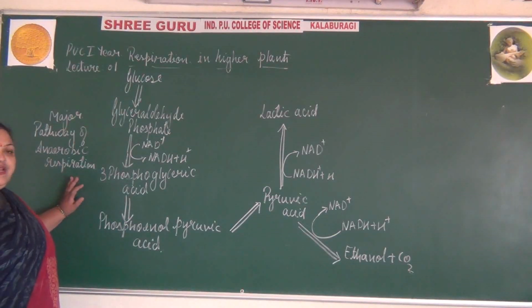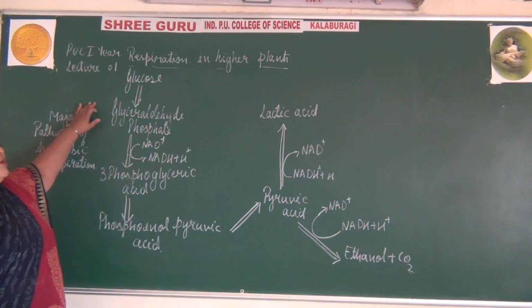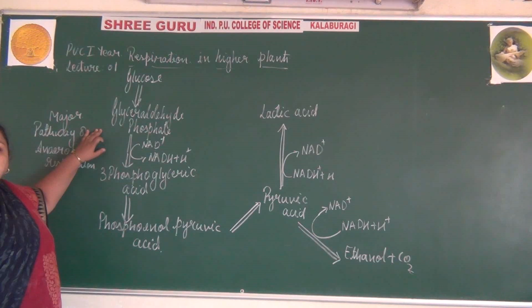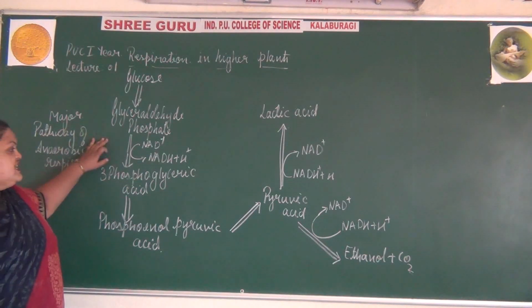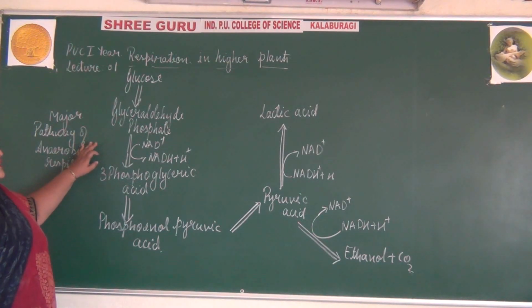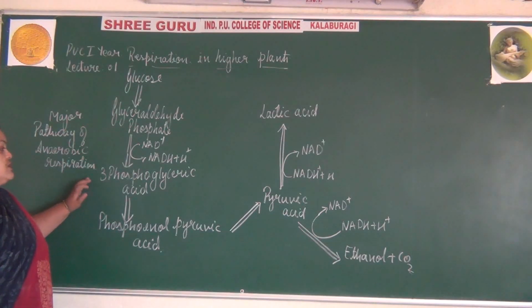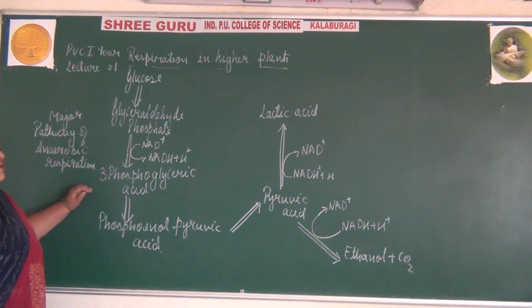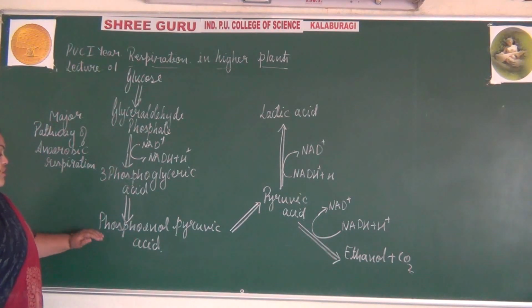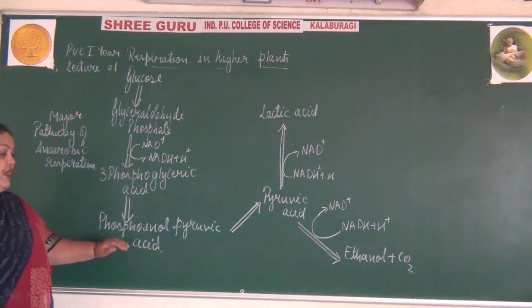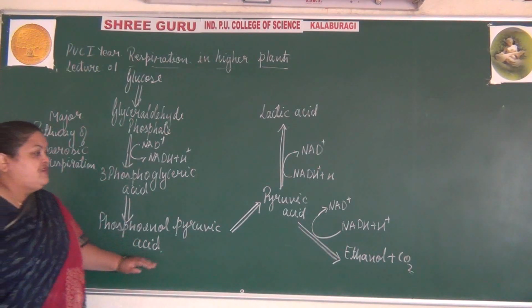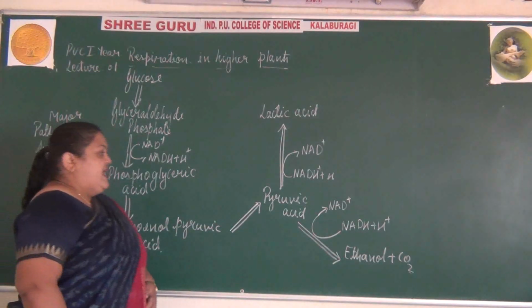So in this schematic representation, the glucose is converted into glyceraldehyde. Glyceraldehyde reacts with NADH molecules to form phosphoglyceric acid. Then the phosphoglyceric acid is converted into phosphoenol pyruvic acid, which is converted into pyruvic acid.